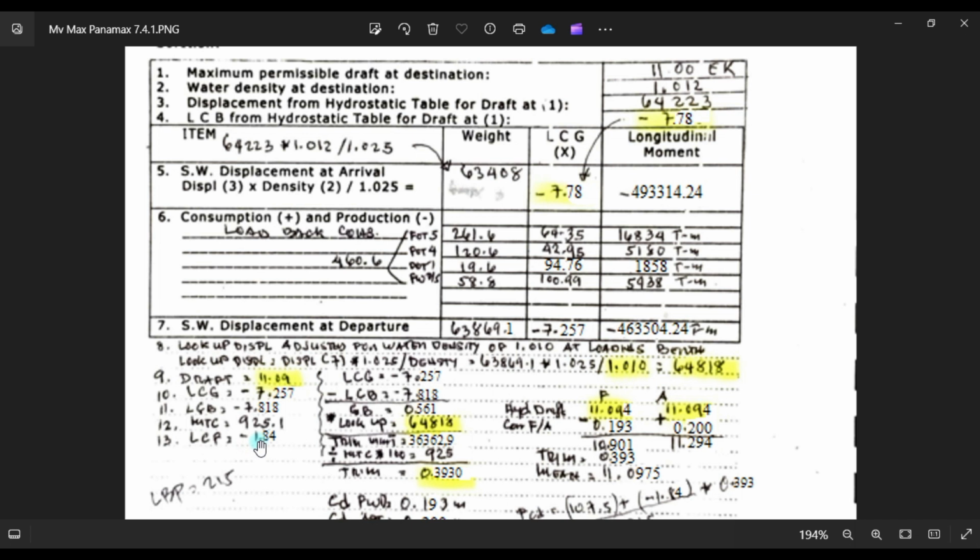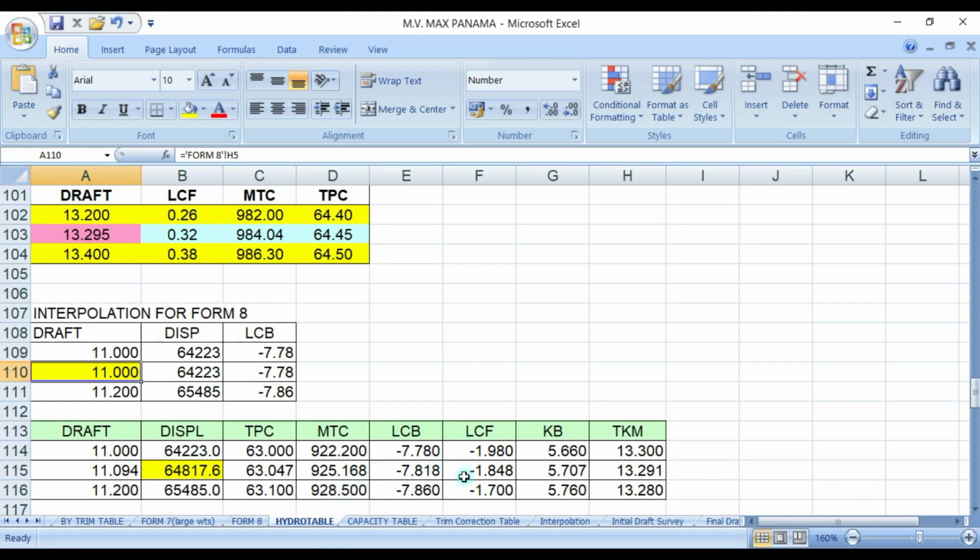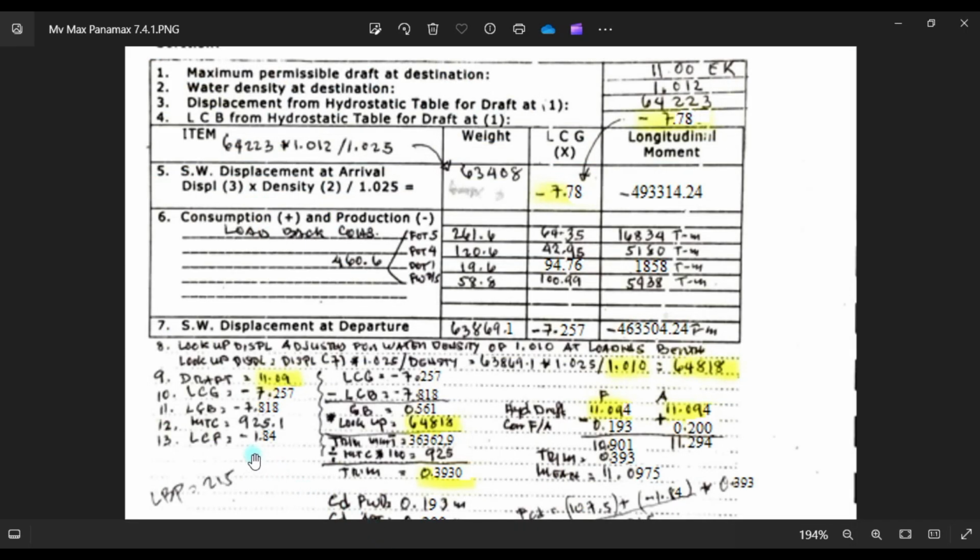And the corresponding LCF of this draft of 11.094 will be negative 1.848. Okay, that will be negative 1.848.